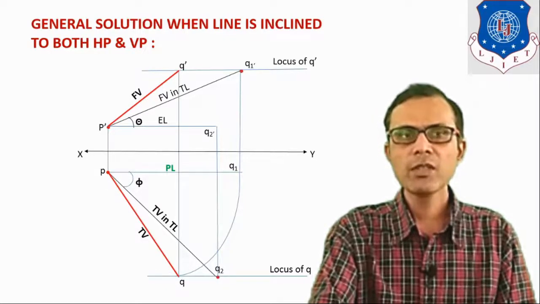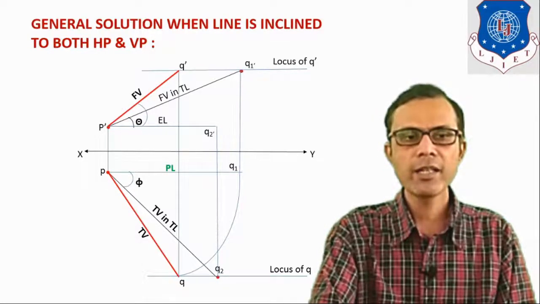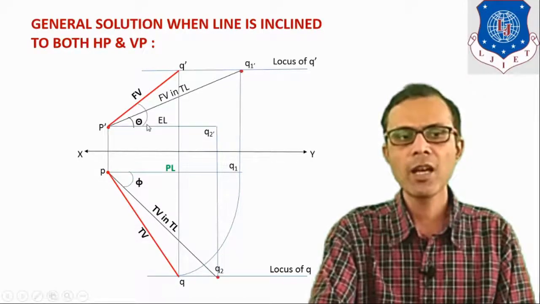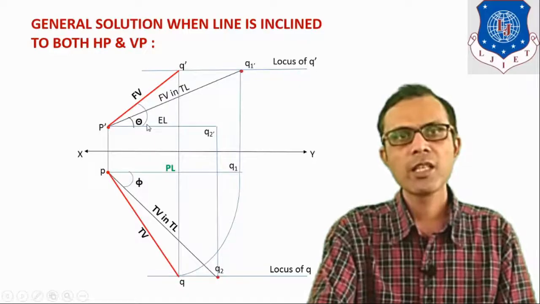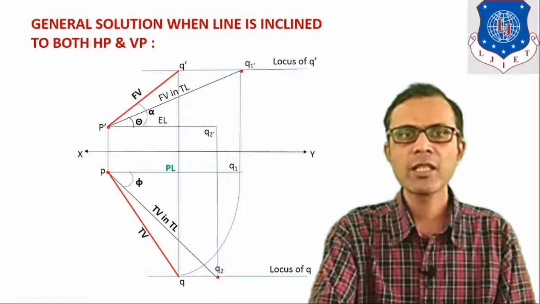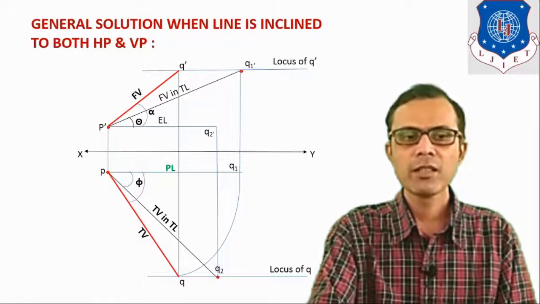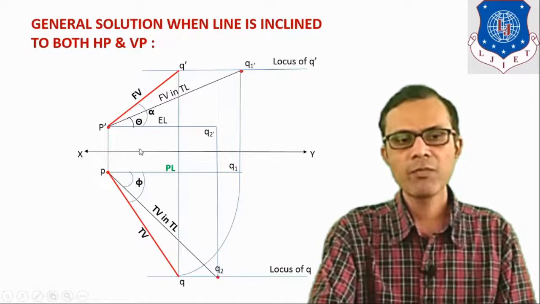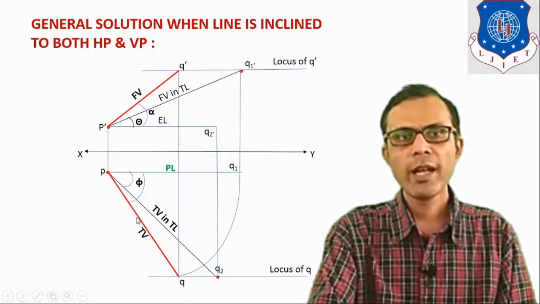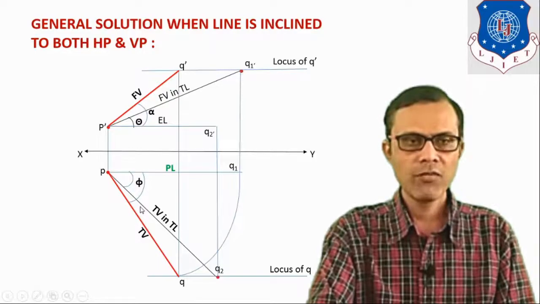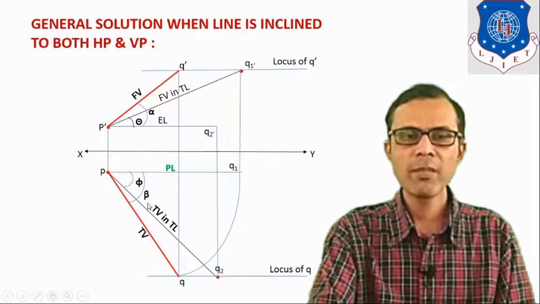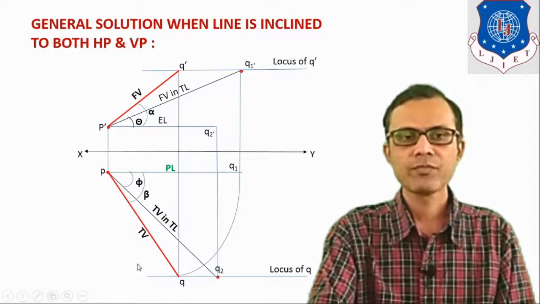So here some additional data are added. P dash Q dash is final front view, and its inclination angle with HP is known as apparent angle, and it is denoted by alpha. Similarly here PQ is final top view, and its inclination angle with VP is denoted by beta. It is known as apparent angle of top view with VP.